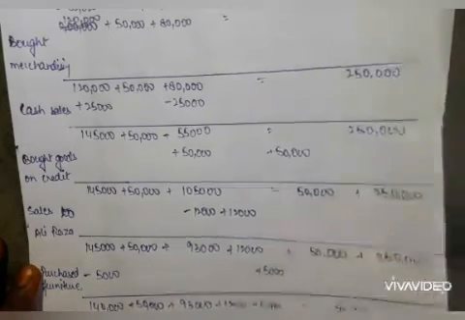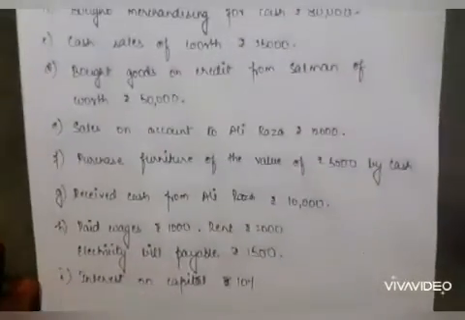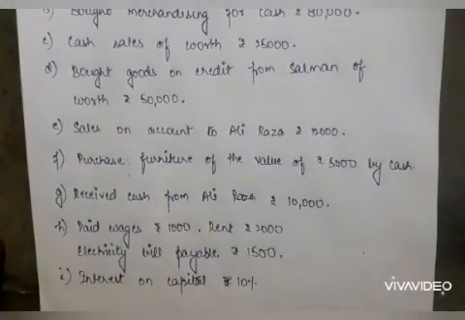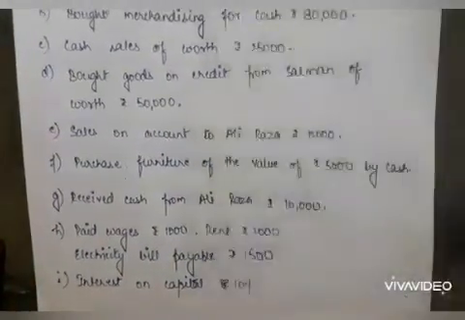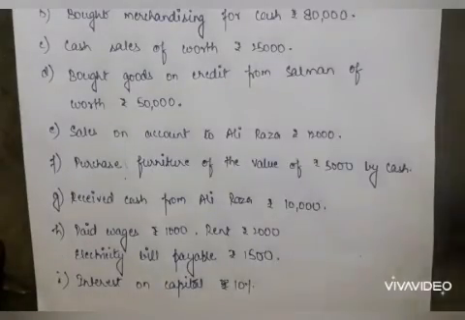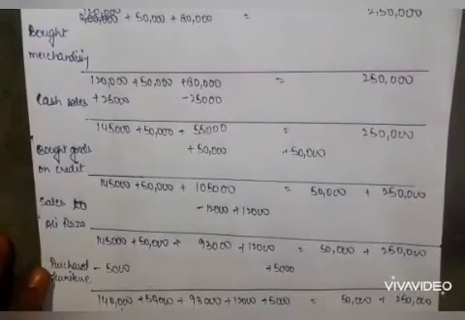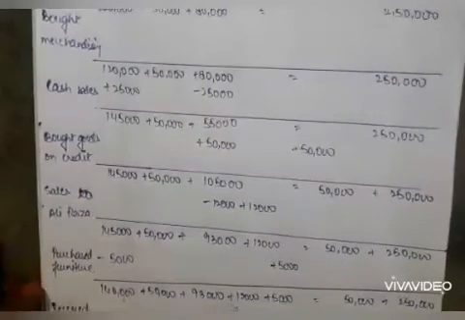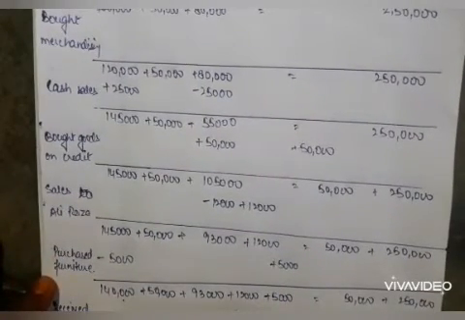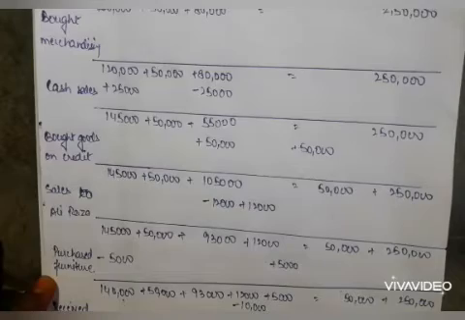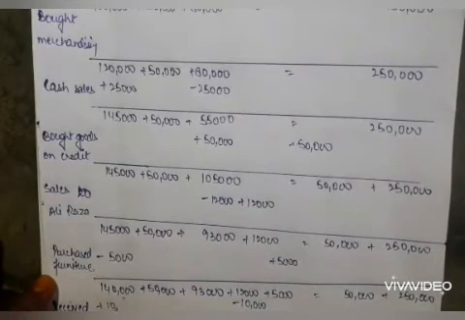Then the next transaction that we have is received cash from Ali Raja rupees 10,000. Ali Raja we had earlier sold goods on account, 12,000, and now we are receiving 10,000 cash from him. Because 12,000 we have written in the debtors part, now the debtor is giving us 10,000, so we'll be deducting it from here, and because we're receiving cash, we have to add it in the cash column.